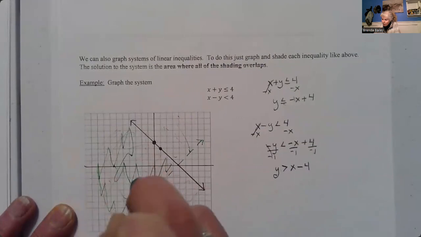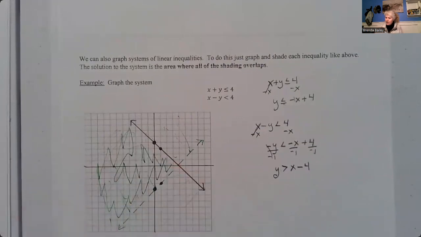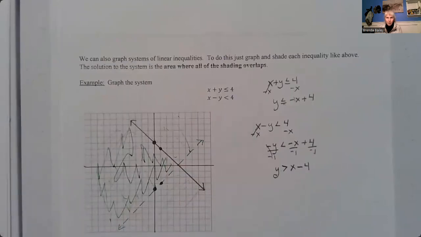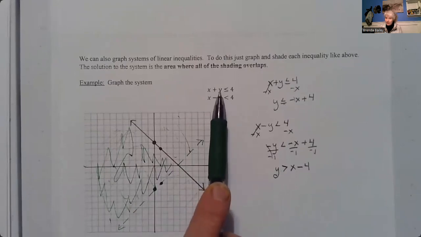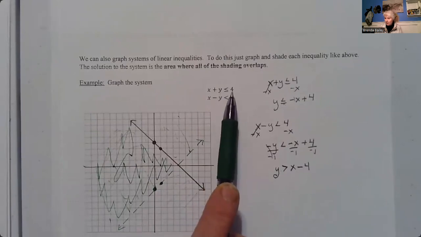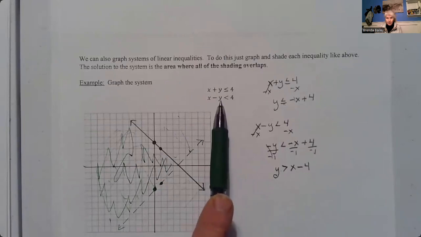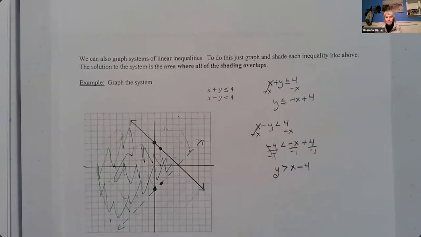Any ordered pair in this region will work in both of those inequalities, such as 0, 0. 0 plus 0 is 0, which is less than 4. And 0 minus 0 in this one is 0, which is less than 4.